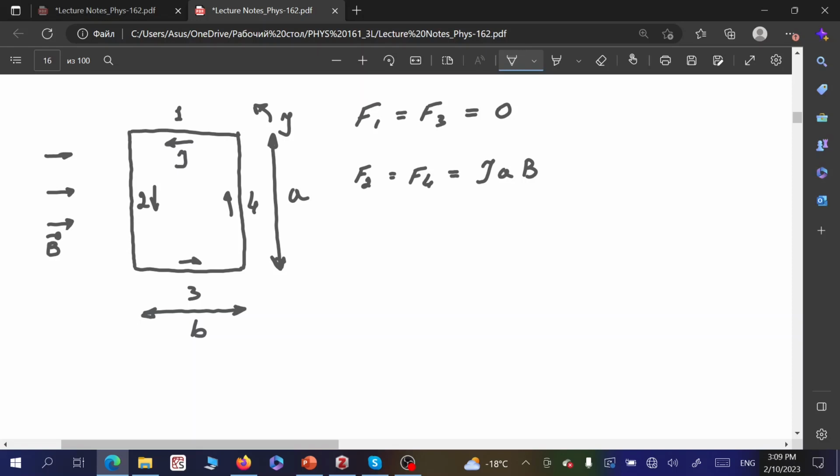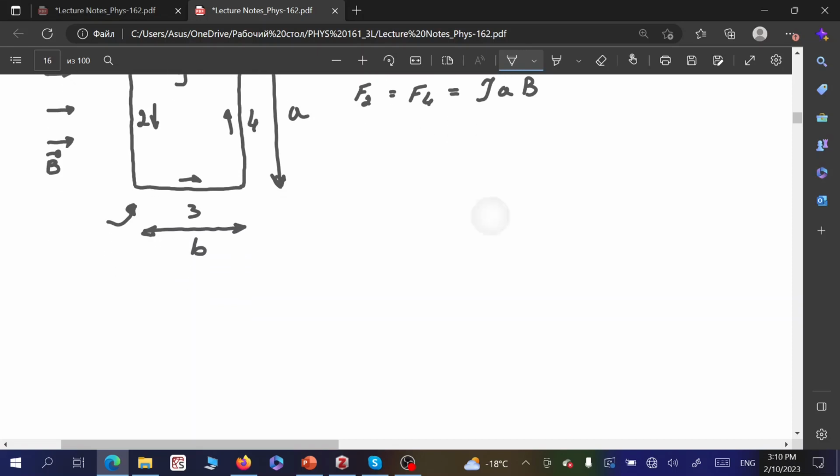So now let us consider this current loop from below. So we now will consider the projection of this current loop from this bottom view. And let's show how it looks. So this is our side number 3, this lower one.